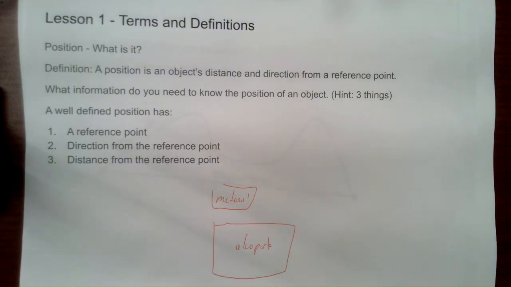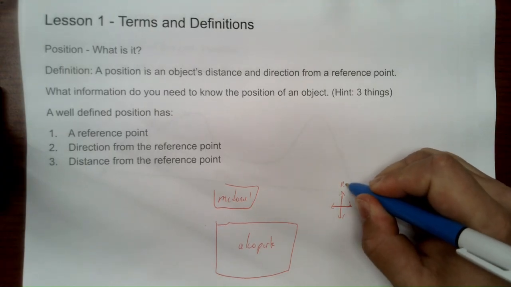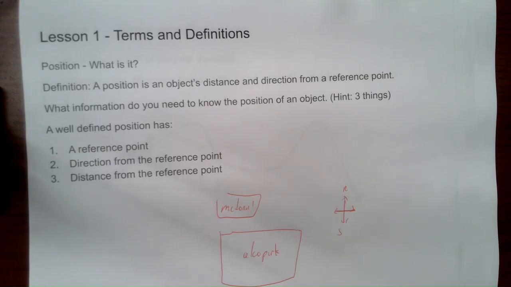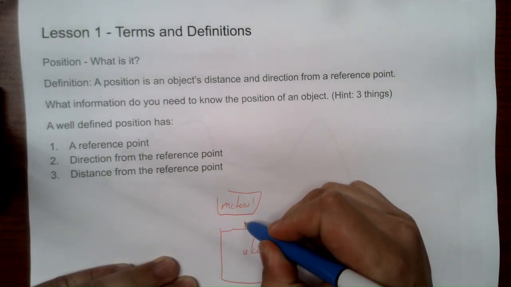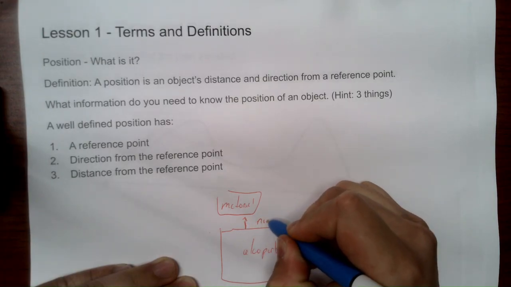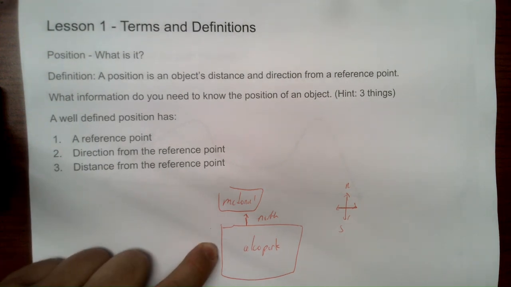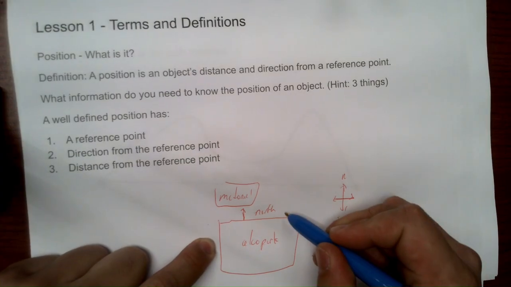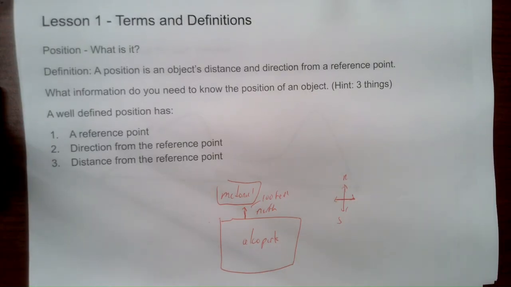So if I were to ask you where is the McDonald's, and here's a little compass, I would tell you the McDonald's is 100 feet north of the Alco Park. So the McDonald's is 100 feet north of the Alco Park. It has a reference point, which is Alco Park, a direction, north, and the distance, 100 feet. All right, that's all you need.